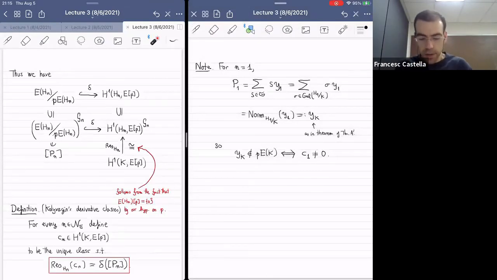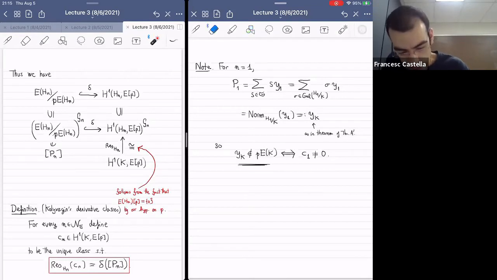All right, so we're going to see how that's going to be useful later. This little note tells us in particular that this condition that we will ultimately impose guarantees that this system of classes is non-zero.